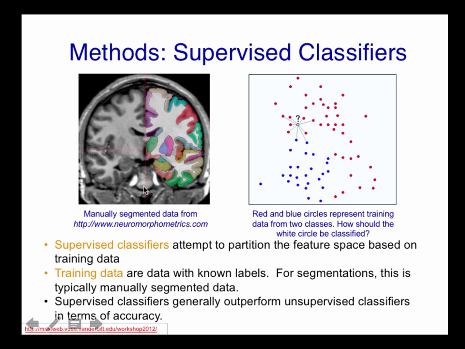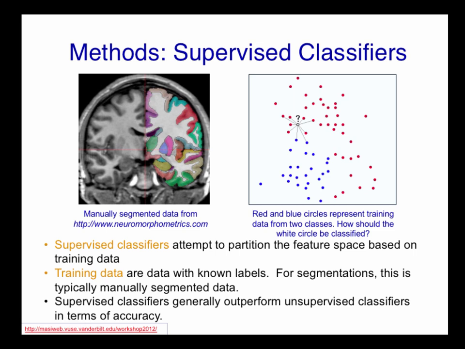So this is an example here showing you manually segmented data from this company, Neuromorphometrics, and they actually sell whole brain, manually labeled whole brain segmentations that you can download and then use for your algorithms. But perhaps what's not as widely known is a subset of this data is actually available for free, because it was used as part of a challenge.